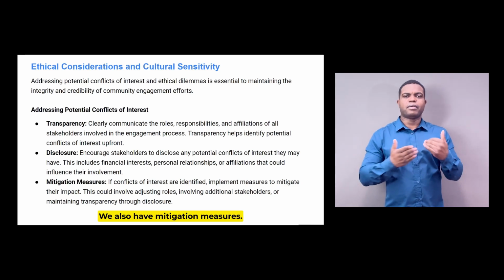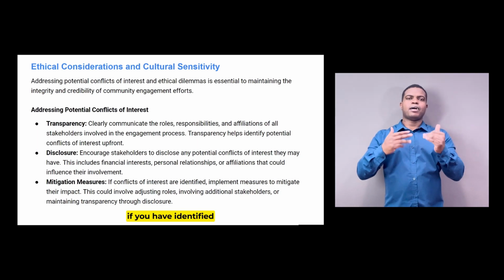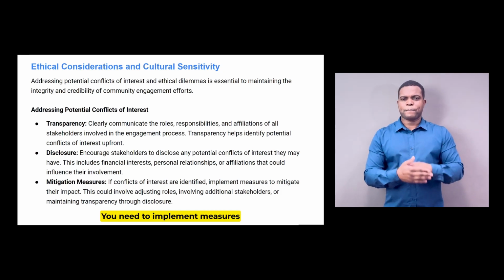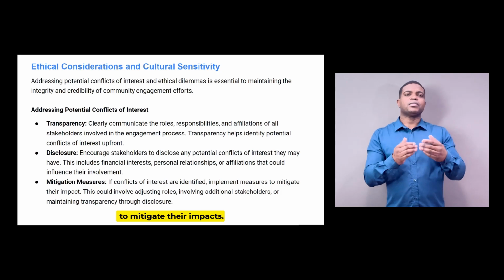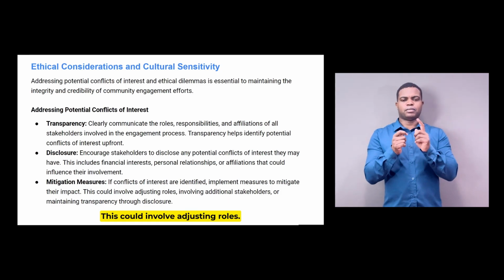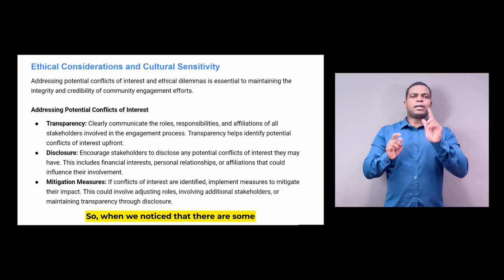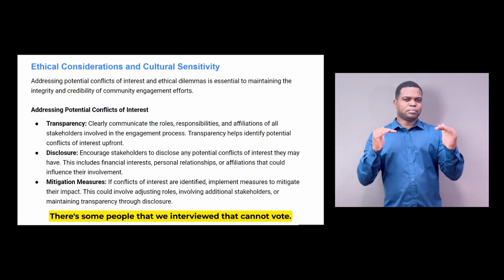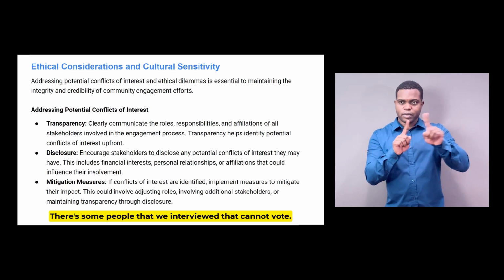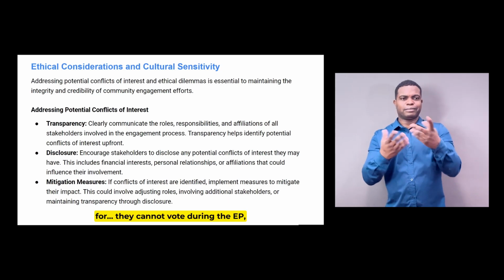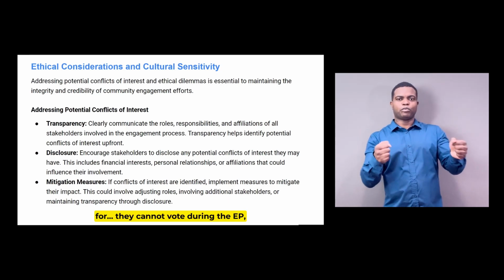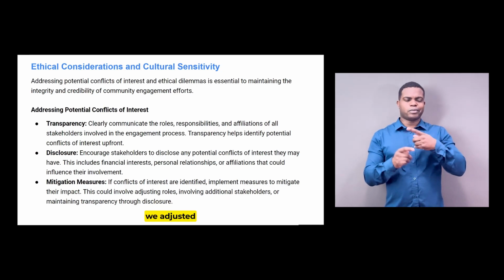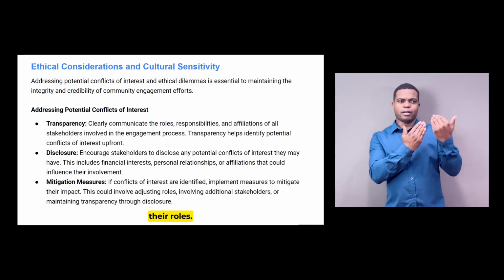We also have mitigation measures. If you have identified conflicts of interest, you need to implement measures to mitigate their impact. This could involve adjusting roles. When we noticed that some of the people we interviewed cannot vote during the upcoming European Parliament election, we adjusted their roles.